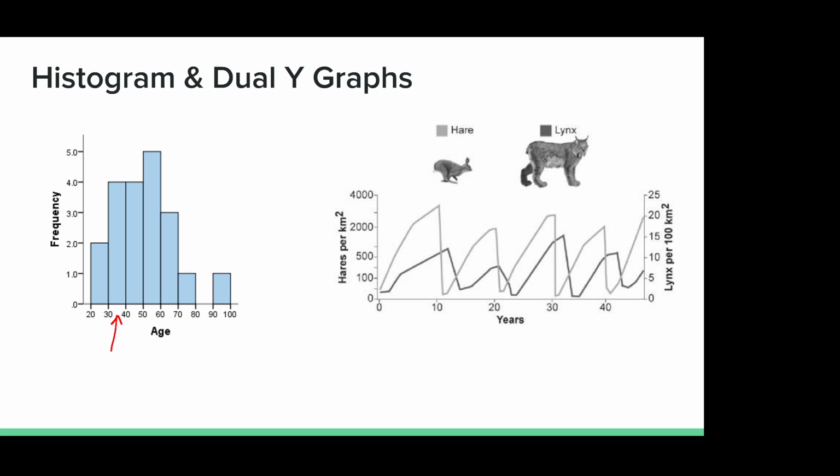So they may be age 34, maybe age 38, whatever, but they fall into that bucket of age 30 to age 40. And most likely it would be above age 30, less than or equal to age 40.